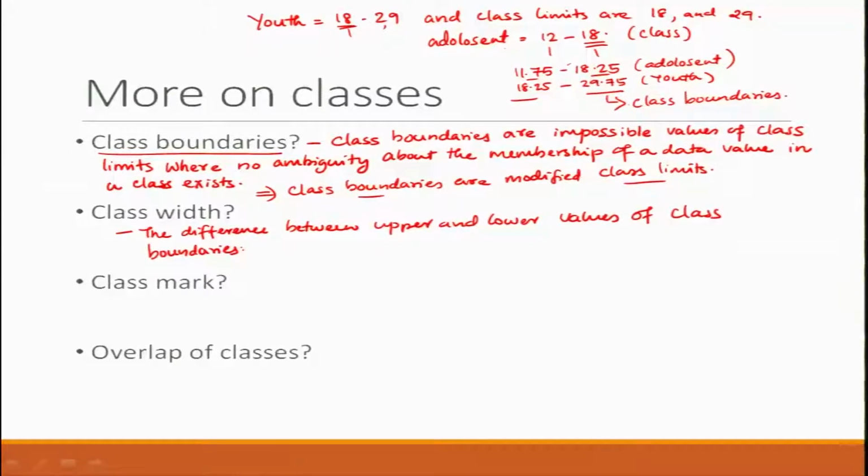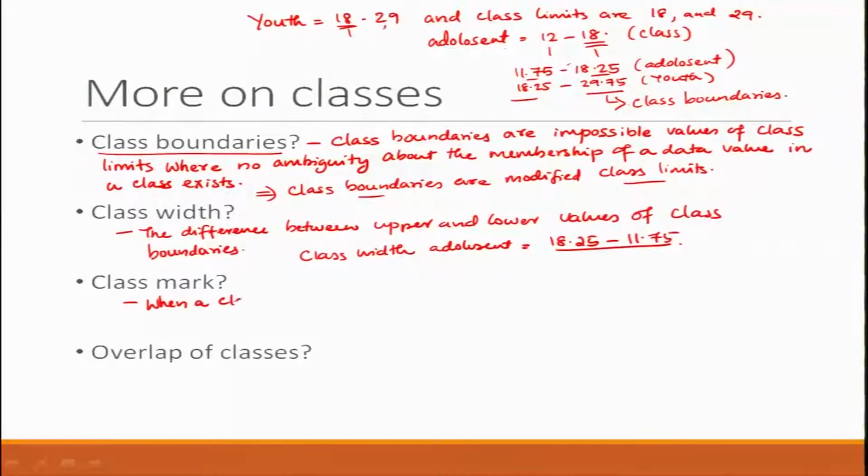So, the class width of the adolescent will be equal to 18.25 minus 11.75. This will be the class width. Then class mark. What is a class mark?